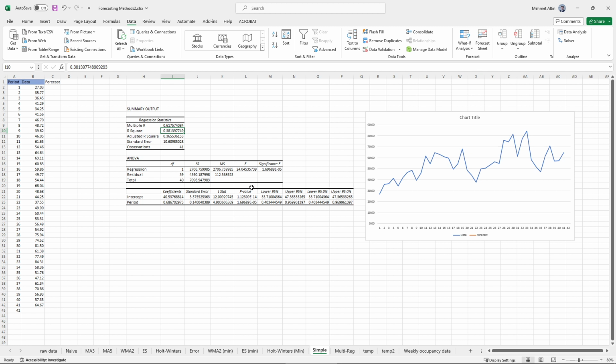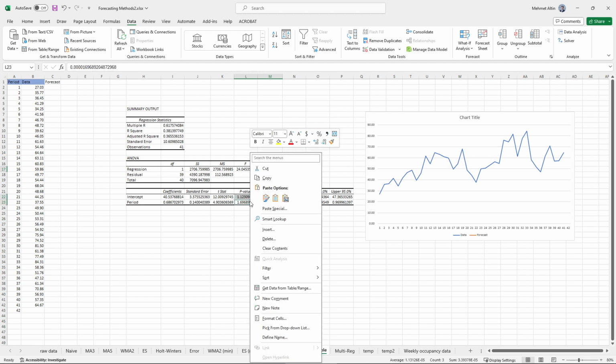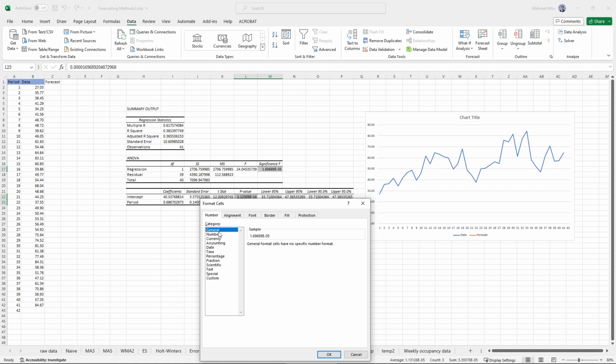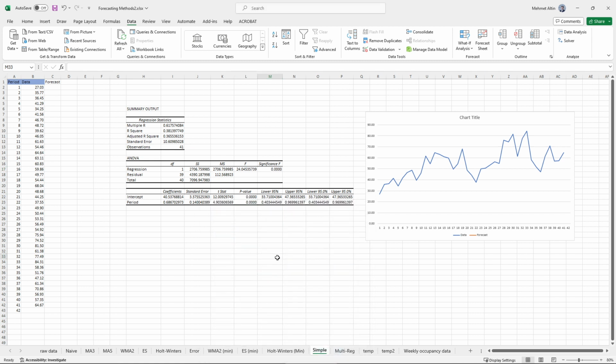The second thing we want to look at is the significance of F. Let's make these values numbers with 4 digits, so it's better. Now, 0% means excellent significance, so there are no issues with the overall model's fitness. So this model fits well, and we also need to look at the intercept and period.